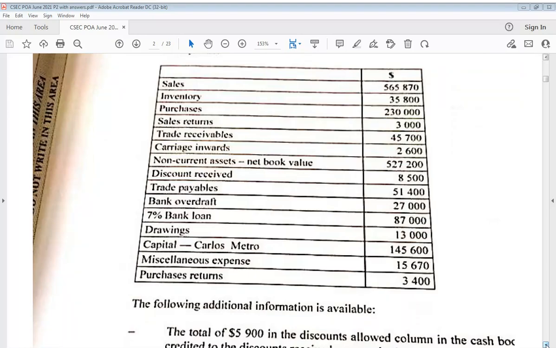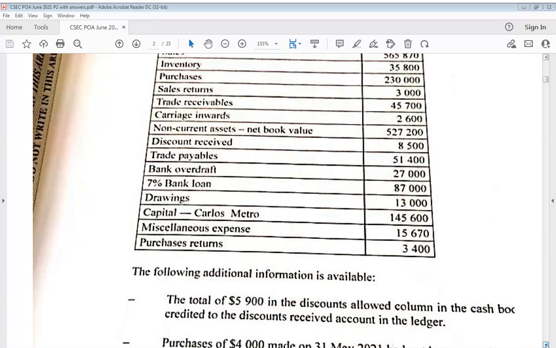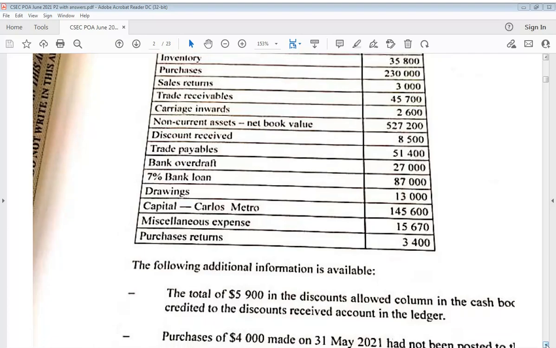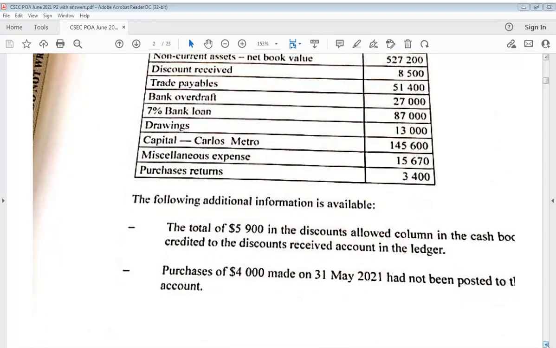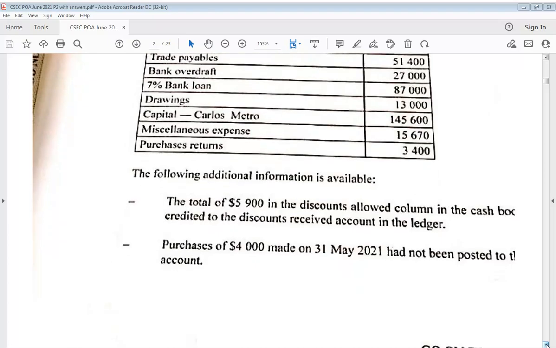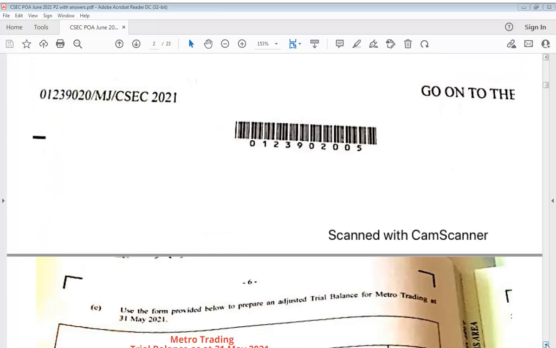You'll see all the figures on the screen; I'm not going to read that out. The following additional information is available. Notice now, the total of $5,900 in the discounts allowed column in the cash book was credited to the discounts received account in the ledger, and the purchases of $4,000 made on the 31st of May 2021 had not been posted to the account.